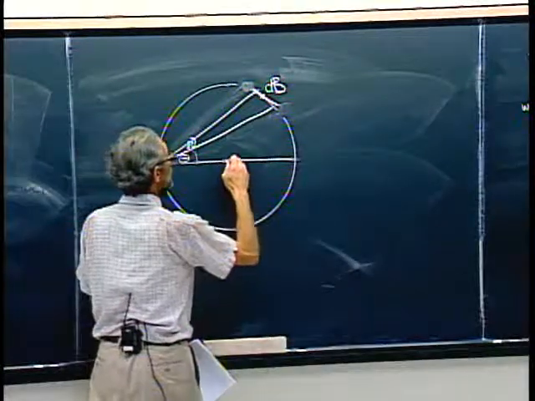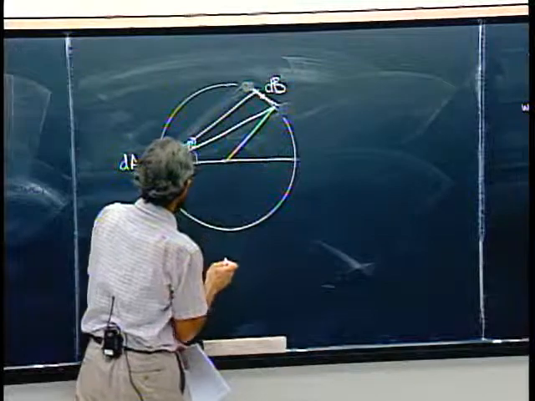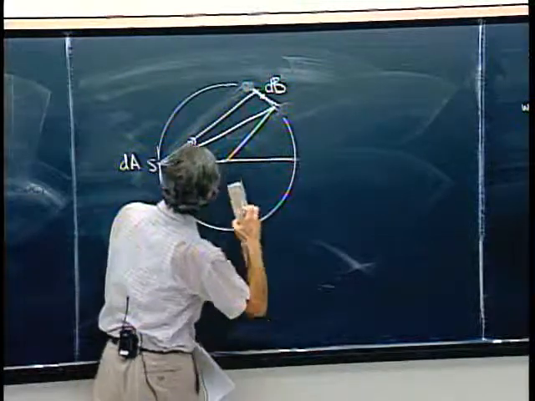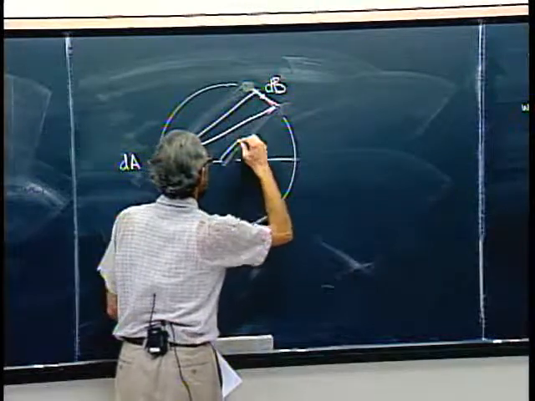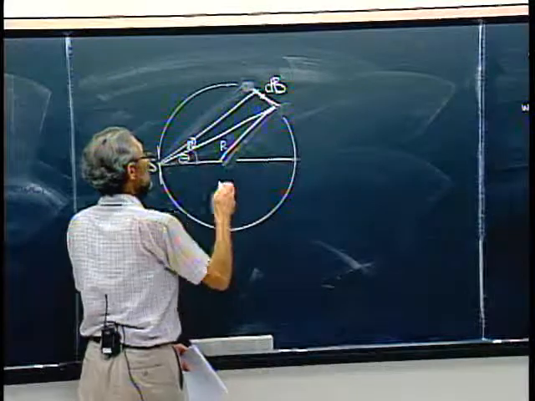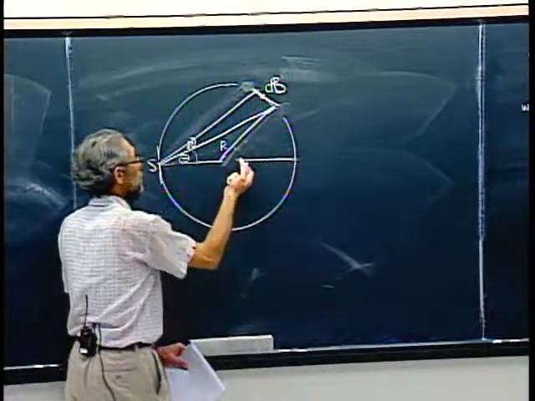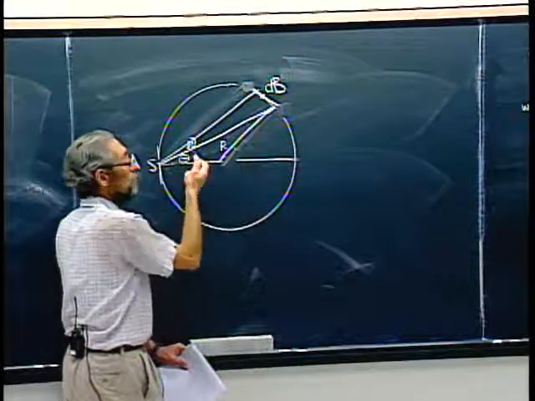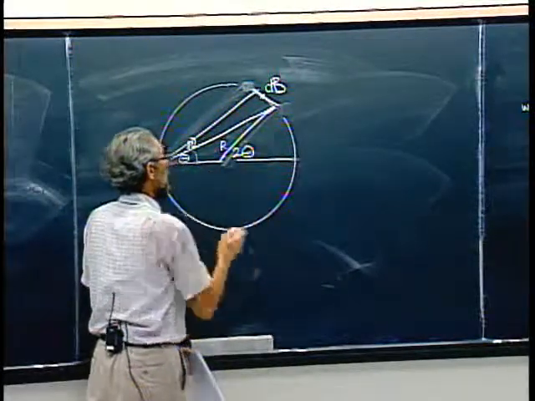Okay, here's my sphere of radius r. Here's my center of the sphere. Does that look like the center? A little bit over, maybe. This is an isosceles triangle. So this exterior angle is equal to the sum of the two interior angles, which are equal, and so this is 2 theta.